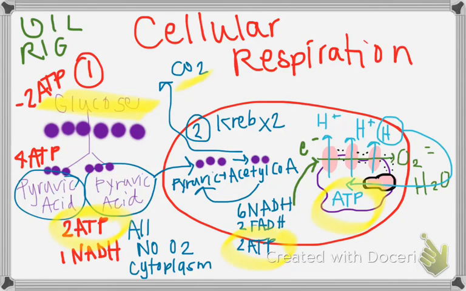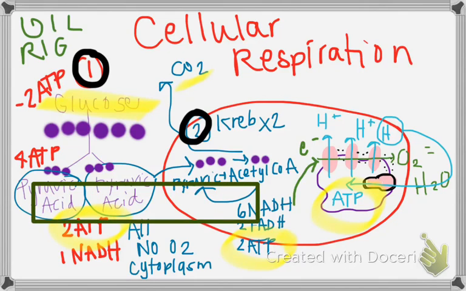Okay, step 1 and step 2 make ATP by breaking a substrate. So 1 and 2, there's 2 and there's 1, we call those oxidative phosphorylation.